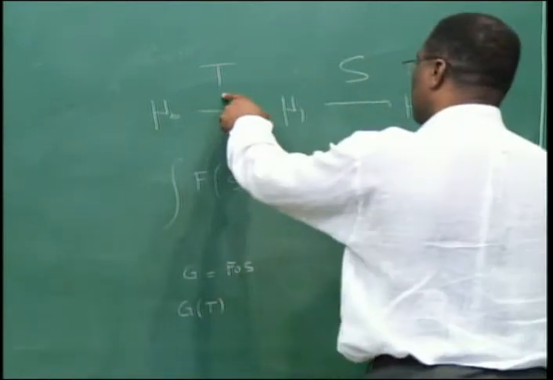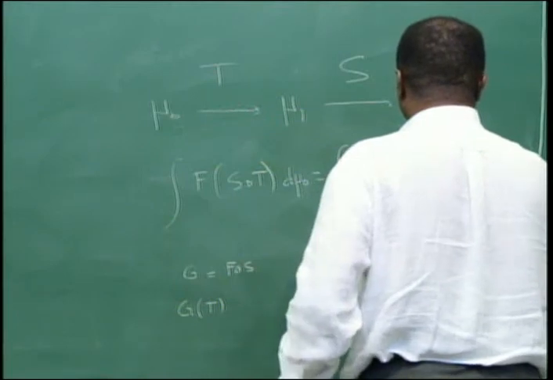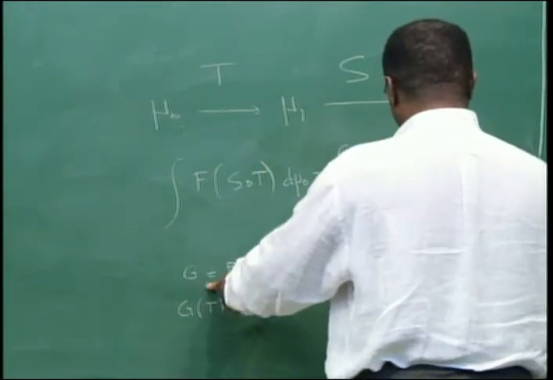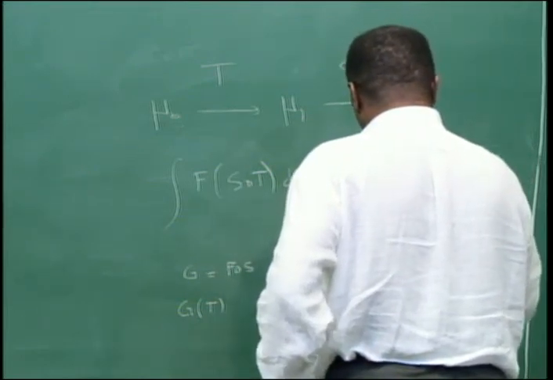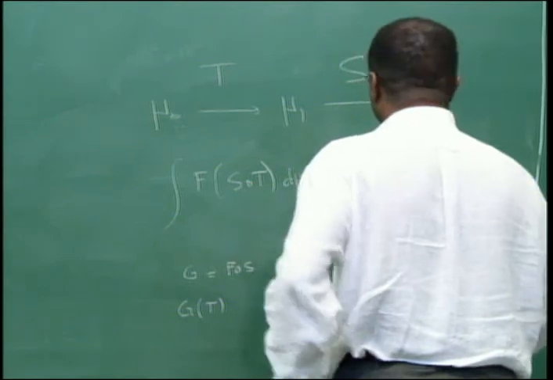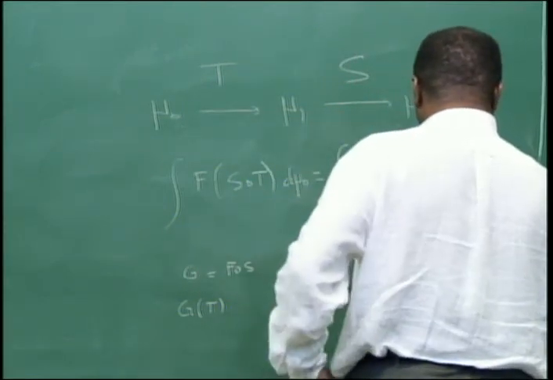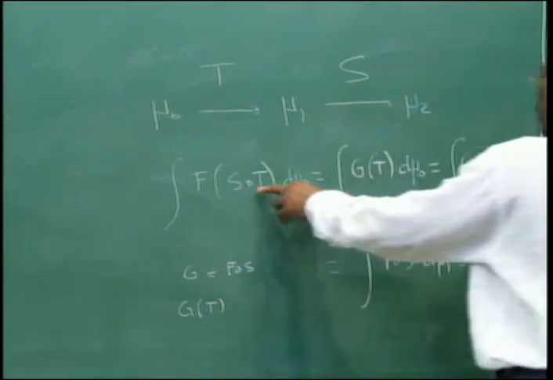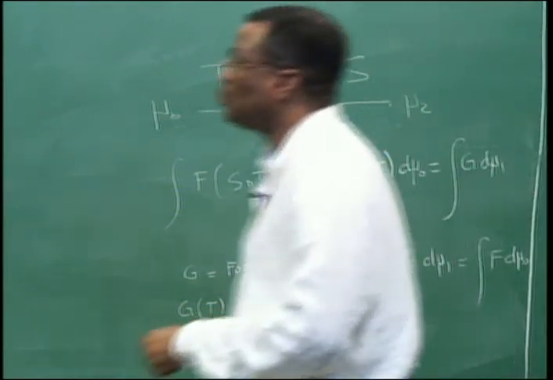Because T pushes mu naught forward to mu1, that is the integral of g d mu1. Now replace g by definition. It is f composition S d mu1. Now S pushes mu1 forward to mu2. This is the integral of f d mu2. So I see that S composition T pushes mu naught forward to mu2.